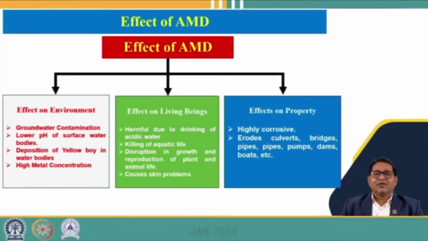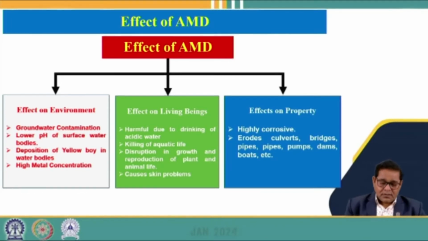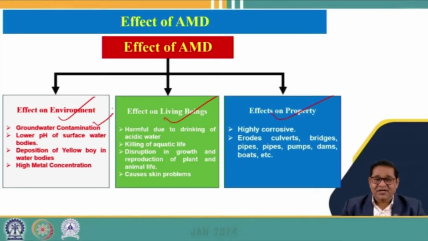Then let us talk about the effects of acid mine drainage. So this acid mine drainage, as I told you, is a highly polluted waste stream. So it has a lot of impact on the environment, on living beings, and also on property. So if we see, it can cause groundwater contamination because when we carry out mining, a lot of OB materials are generated.